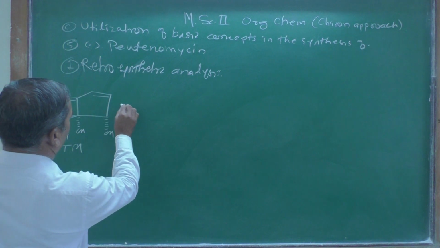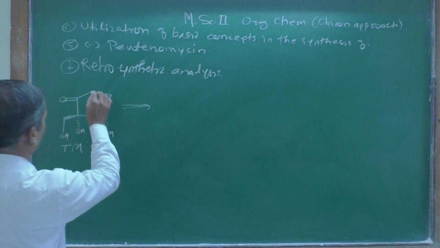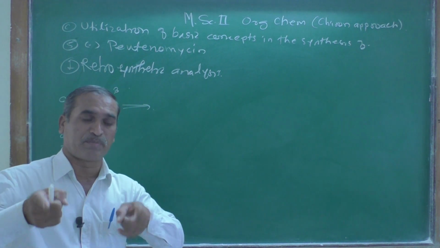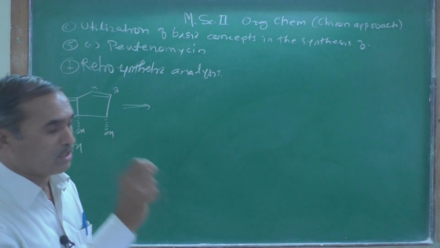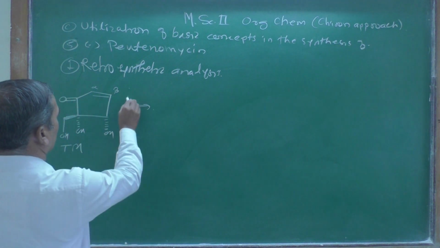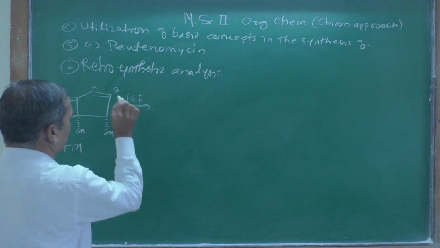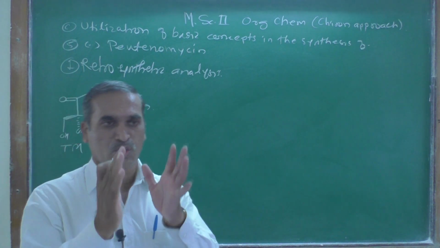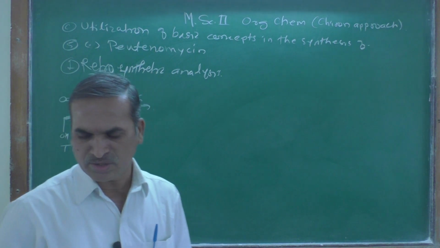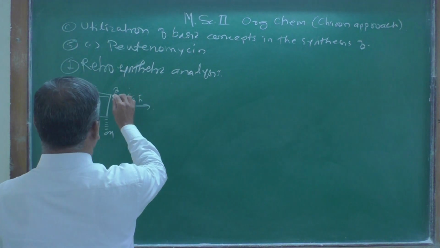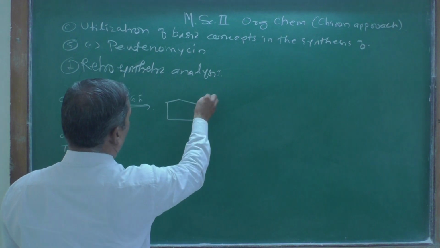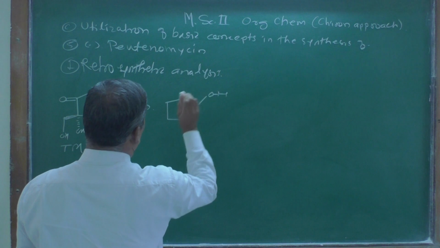And if you use here an alpha beta unsaturated compound, as we know it is prepared by intramolecular aldol condensation, so that you will get over here. So do the FGI, the aldol condensation or aldol approach you can use over here. That is a dehydration. So at beta position generally we are putting this one, OH hydroxy.